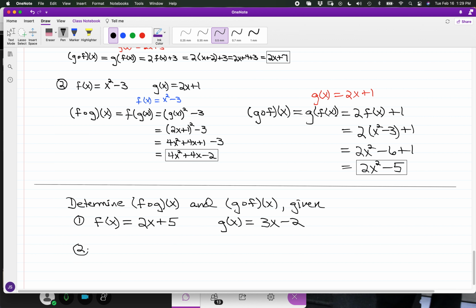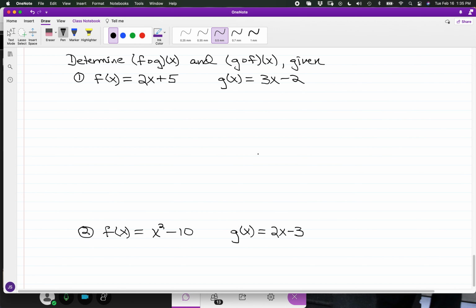And in the second case, we'll say that we have f of x is equal to, let's say, x squared minus 10 and that g of x is just going to be equal to 2x minus 3.